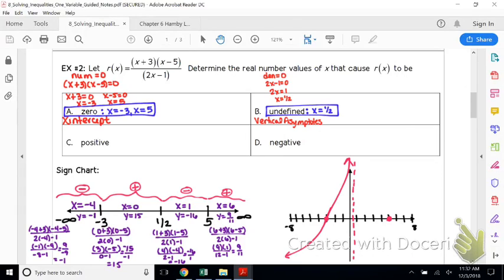So coming out of that 5, I'm going to go down towards that asymptote, which is going to force it to go on down. And then from 5 to infinity, you told me all of our y values are positive. So go to the x-intercept, which is the 5. Go towards infinity. And if they're positive, are they above or below the x-axis? Above. So we're going to go above and go towards infinity.